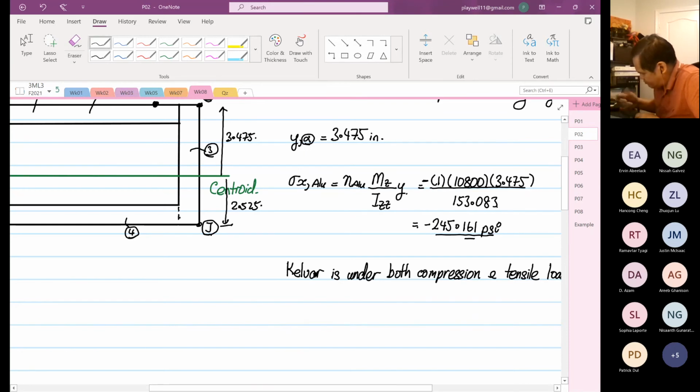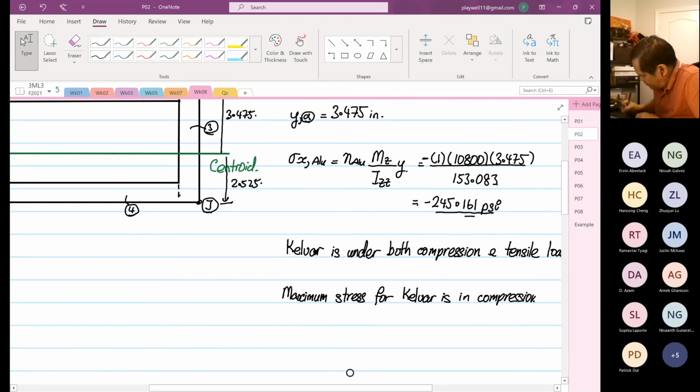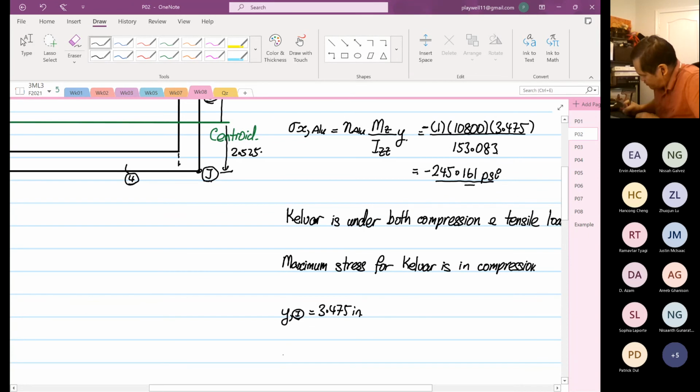We use the same word as the maximum stress for Kepler is in compression. Okay, so we know that y at point I is equal to 3.475 inches. So we are going to find the stress X of Kepler.